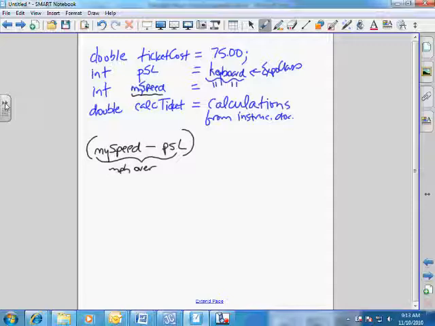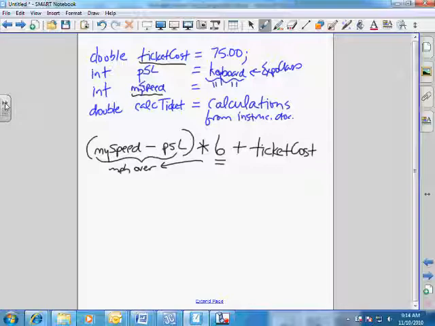And then times 6, why? Because the fee is $6 per mile per hour over, and per means multiply. Every, and per means multiply, and then what? Plus the original ticket cost. So I want to use that variable plus ticket cost.